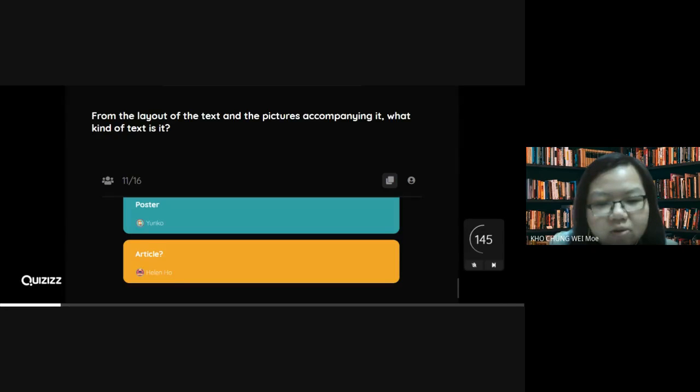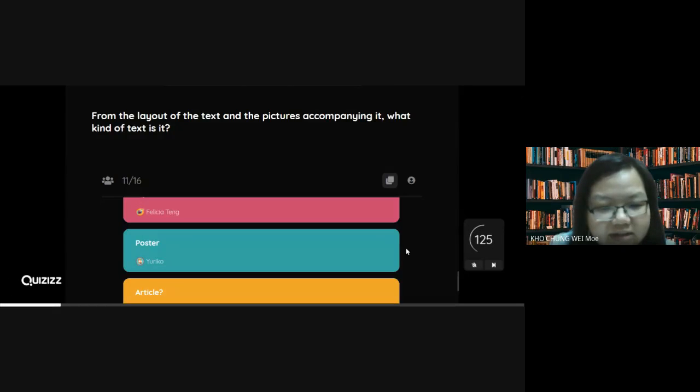Okay, if you notice, the title is very big. And then each paragraph has words. And the words are quite small as compared to the size of the title. Okay? And there are accompanying pictures, but the picture is not the main point. The pictures are much smaller than the title.